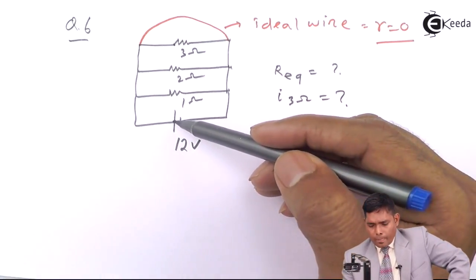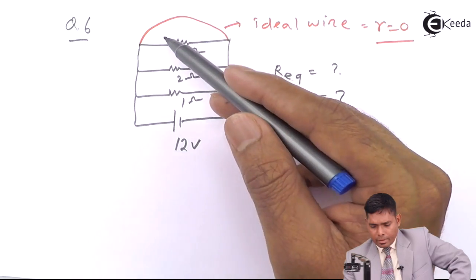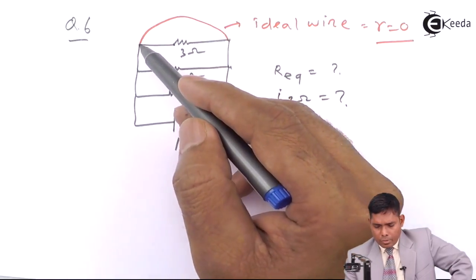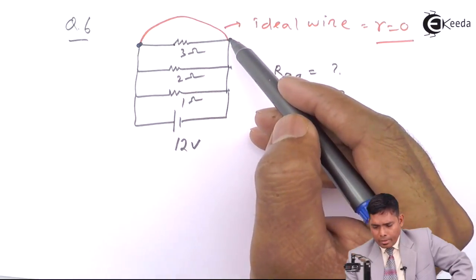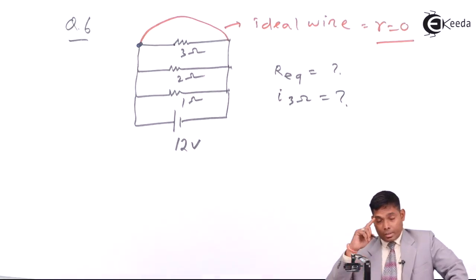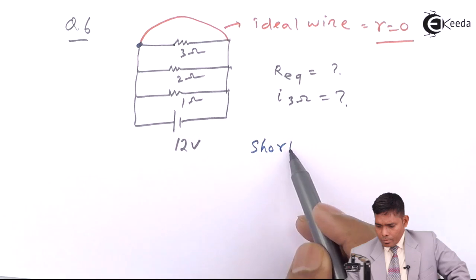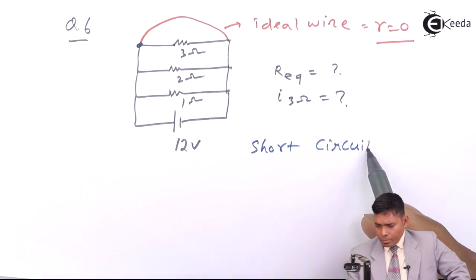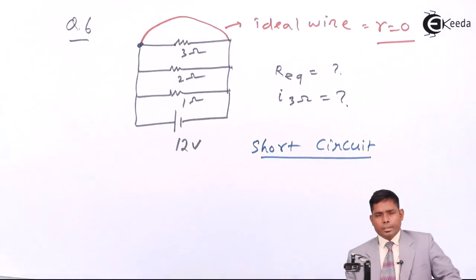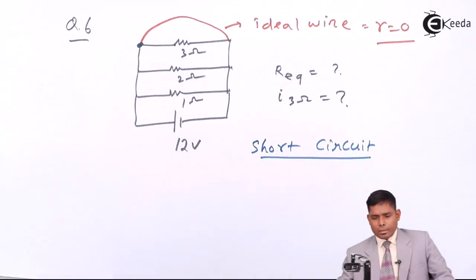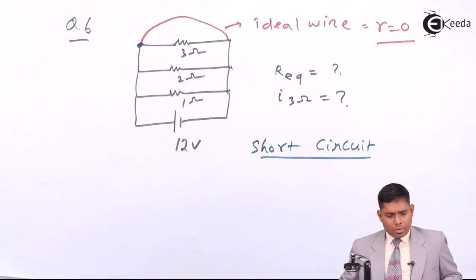As the current starts coming from here, it will divide. But when you connect a wire directly between 2 points in a circuit, it is called a short circuit. So this is actually what is done here. A short circuit means you connect any 2 points with an idle wire, or a wire having 0 resistance.